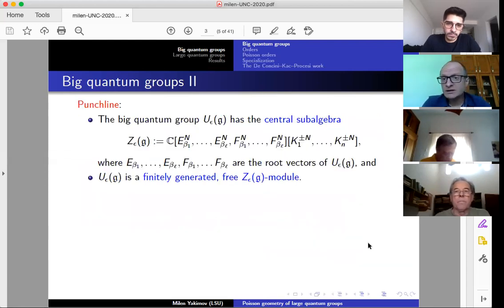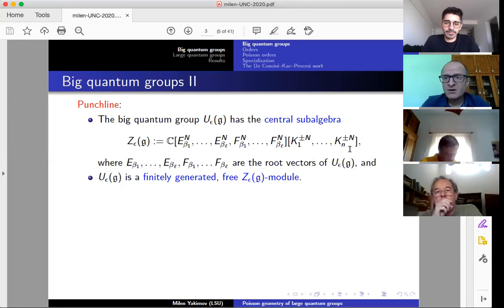The punchline in the methods of De Concini-Kac-Procesi is that they were able to construct a very large central subalgebra of this quantum group. The central subalgebra is generated by the nth powers of the Lusztig root vectors. These are just quantum analogs of the usual root vectors that you would see in the universal enveloping algebra of g, together with the Cartan generators K_1 through K_n.